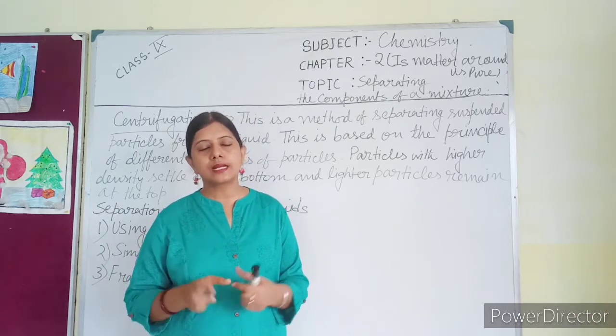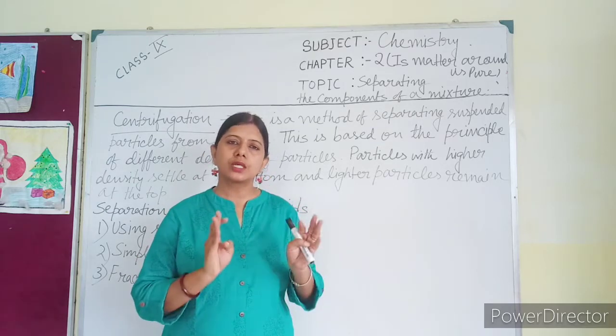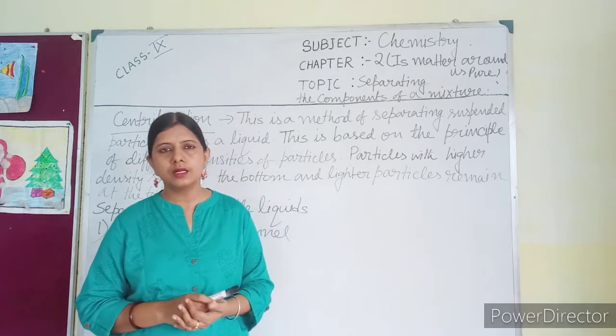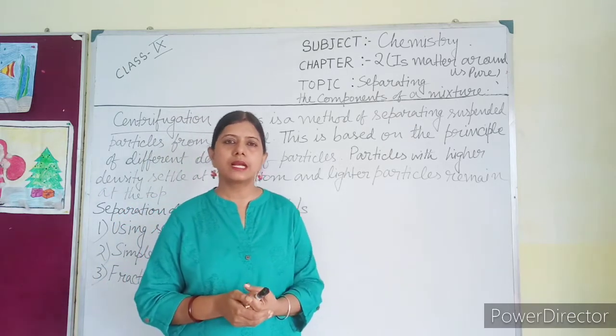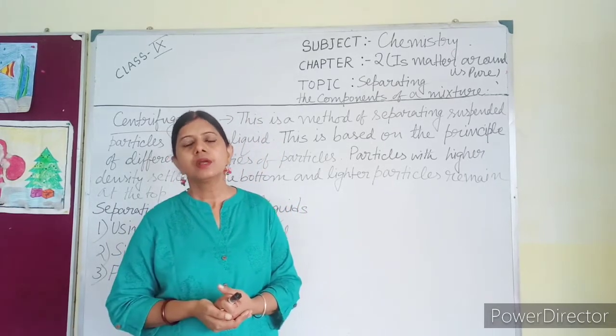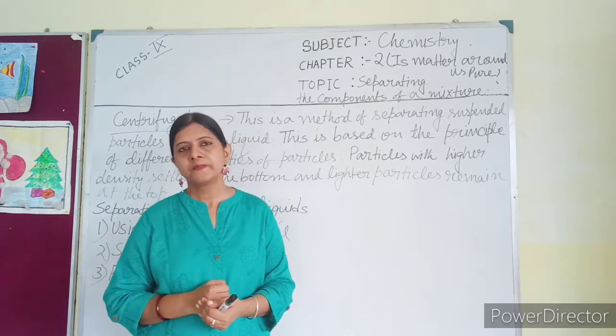In a liquid, that means from a suspension. You know the three types of liquid mixture: true solution, suspension and colloid. So from a suspension, to separate lighter suspended particles from the liquid, the centrifugation method is used.